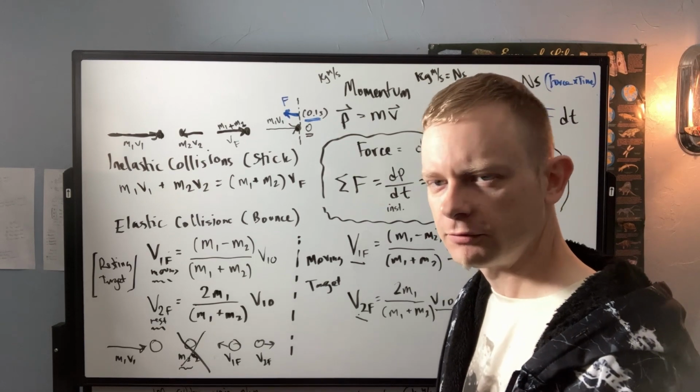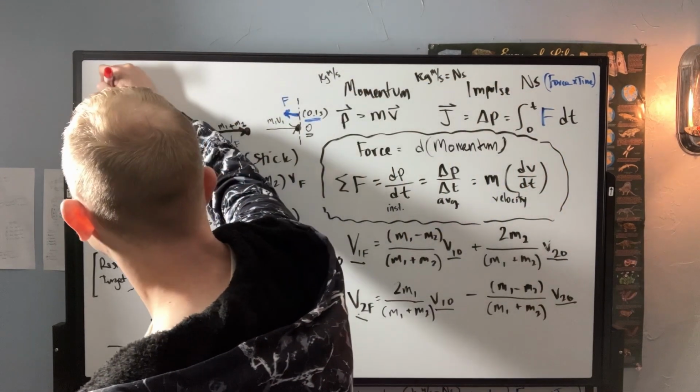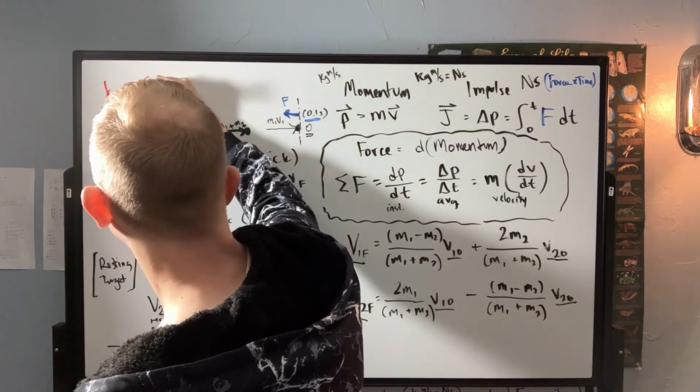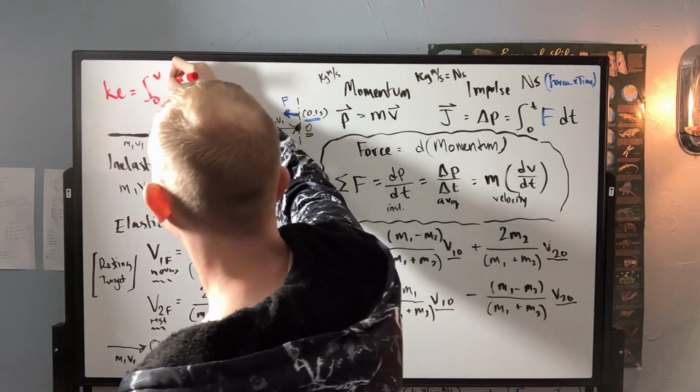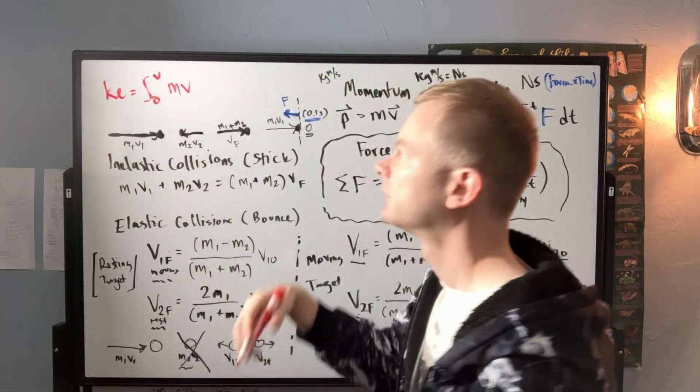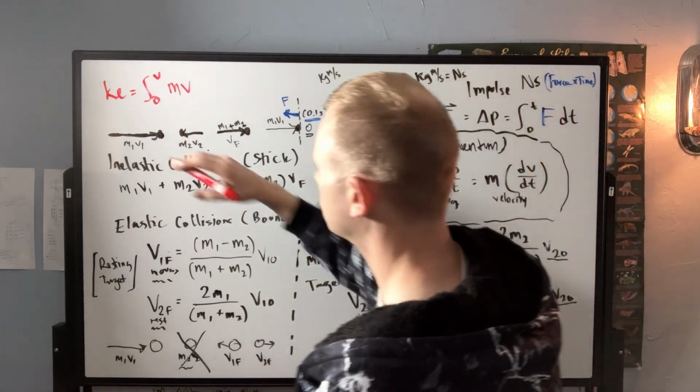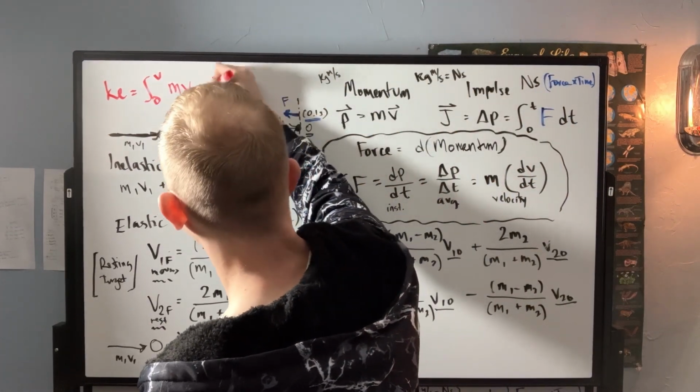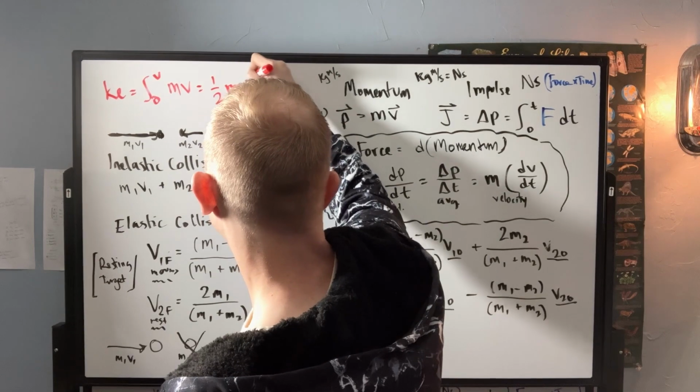In the previous video, we discovered that kinetic energy is the integral of momentum over velocity. If we were to calculate that out, we would get 1/2 mv squared.